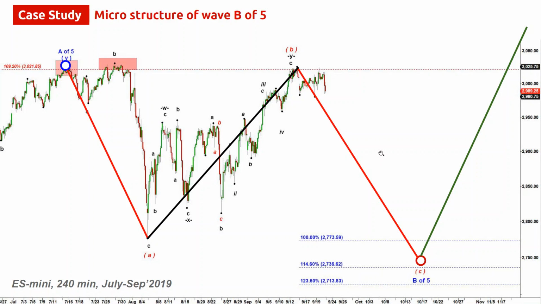It's great because we understand a bigger picture. When you understand a bigger picture inside a bigger fractal, it gives you confidence to make so many trades on a micro scale within one week and even inside a trading day.